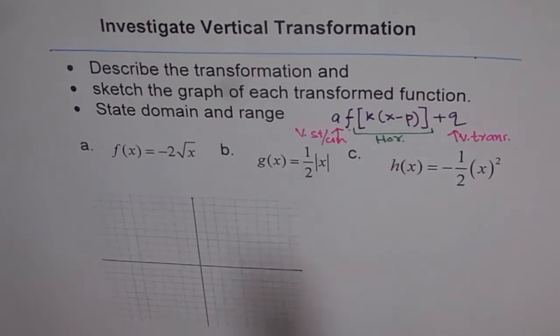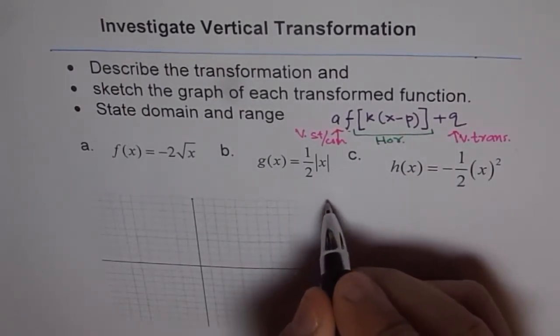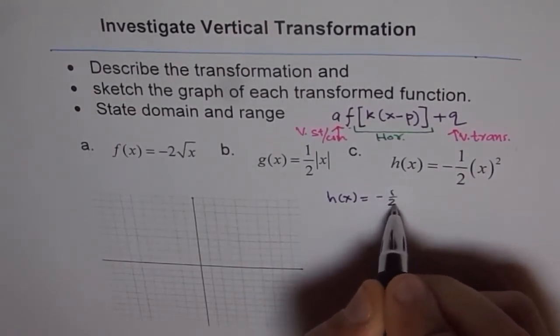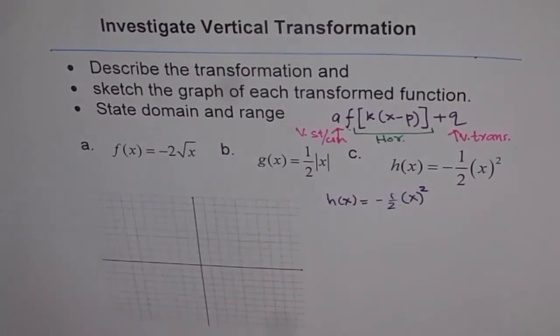Okay, let's get back to the main thing. I would like to do at least one of them for you, and I'll choose to do C for you, which is h of x equals minus half x squared. The rest you do yourself, right?